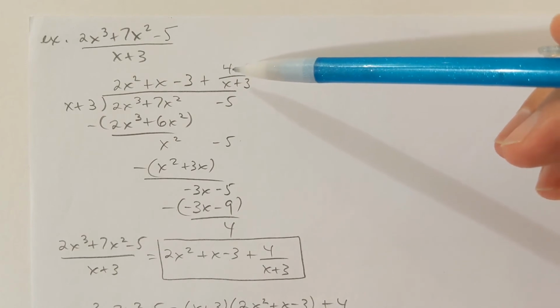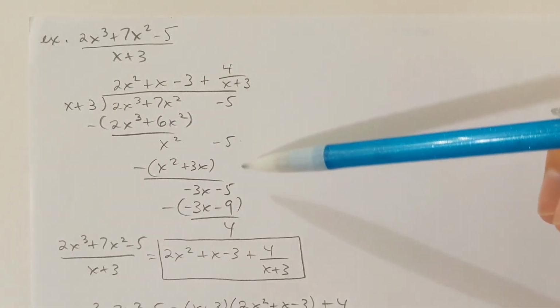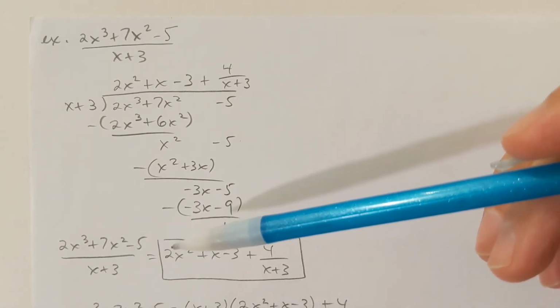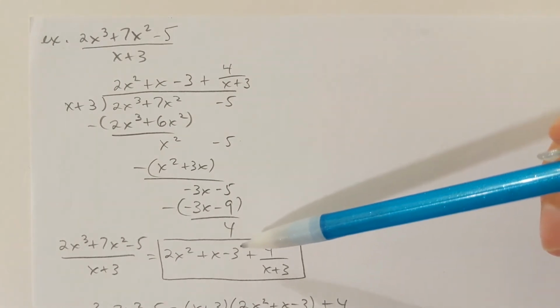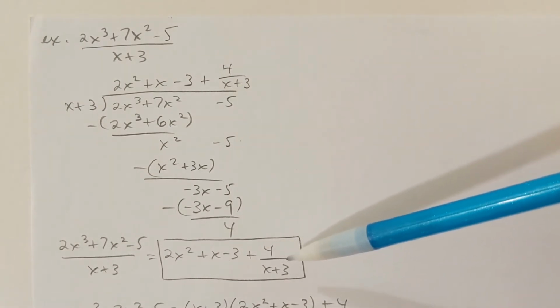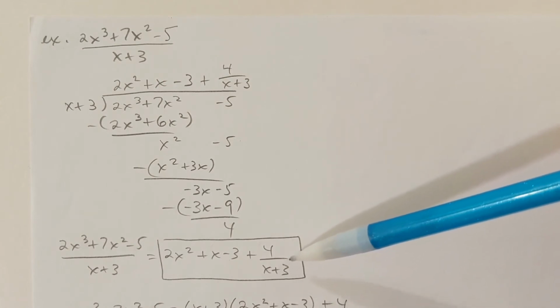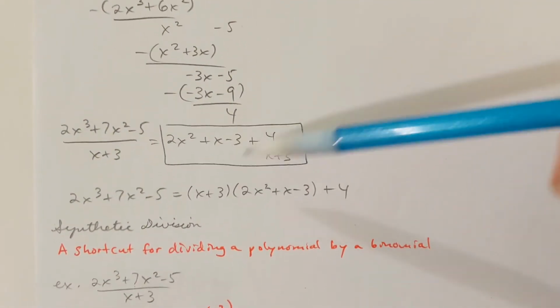So plus, the remainder is 4 over the divisor, x plus 3. 2x cubed plus 7x squared minus 5 divided by x plus 3 is equal to 2x squared plus x minus 3 plus the remainder 4 divided by the divisor x plus 3. And so that's what I want in your answer.